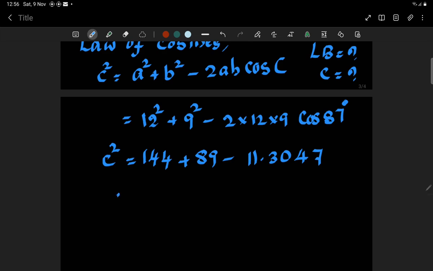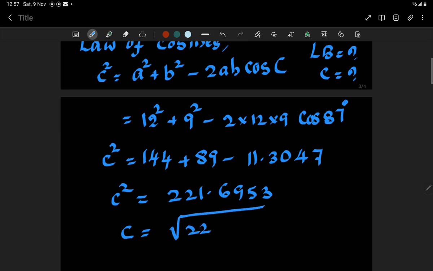Use the calculator: c square is equal to 221.6953. So c is equal to the root of 221.6953, which is 14.62, approximately equal to 14.8.